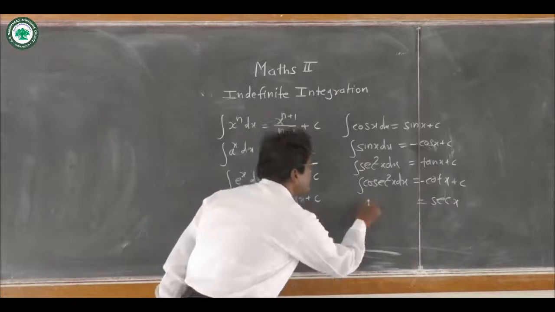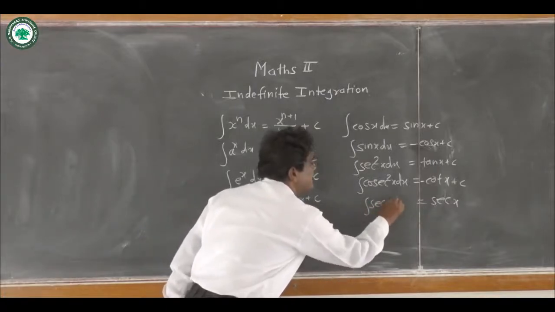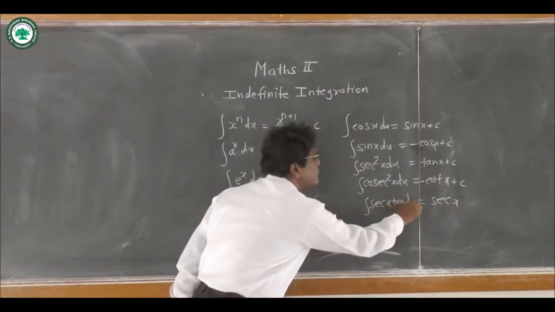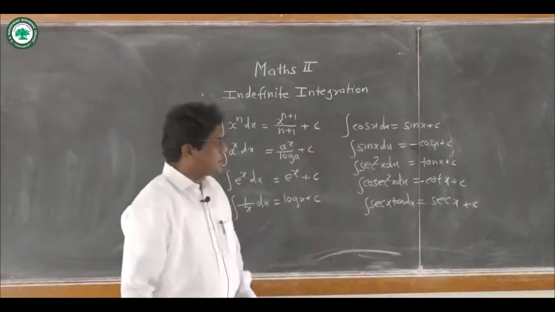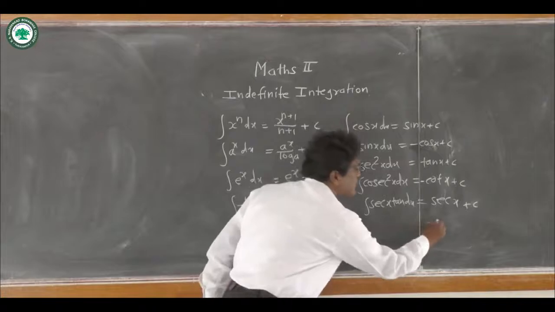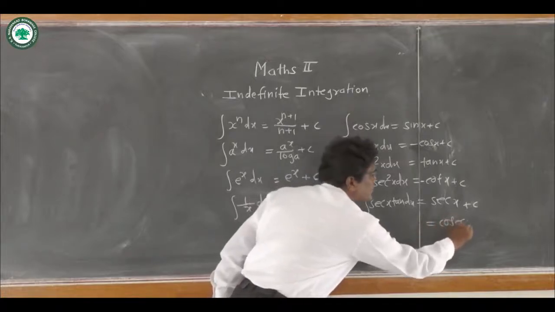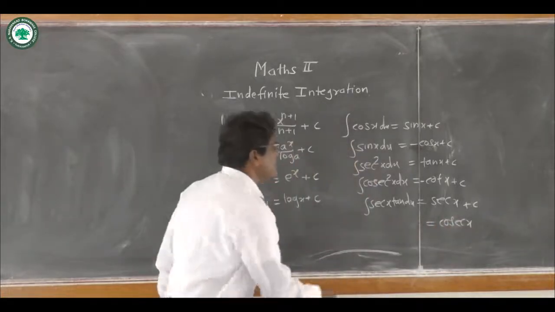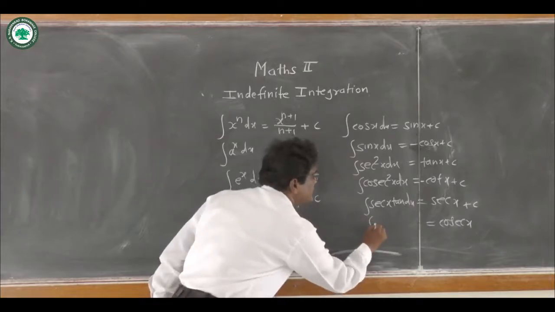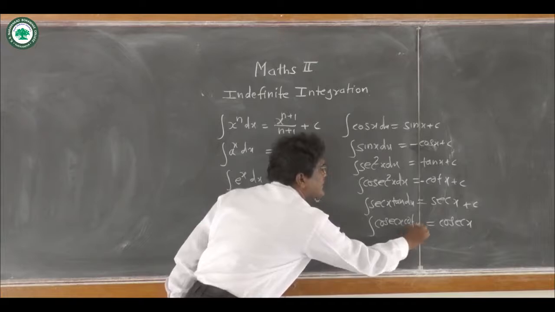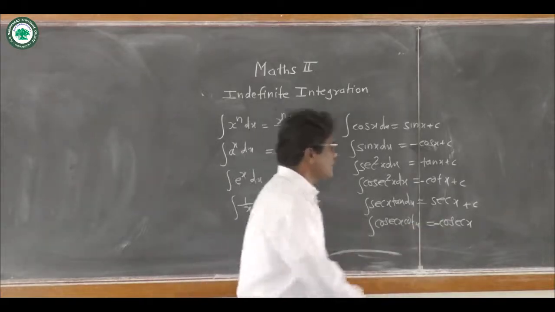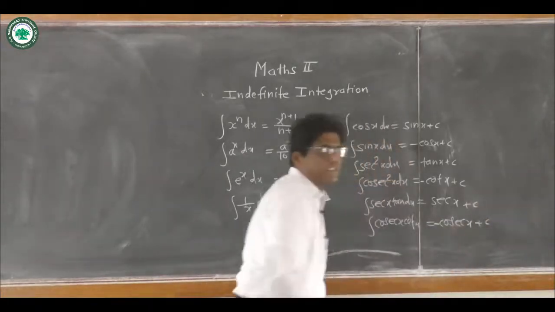So integration of sec x tan x dx is equal to sec x plus constant of integration. Now here the last one. What is the derivative of cosec x? Minus cosec x cot x. So integration of cosec x cot x dx is equal to minus cosec x plus constant of integration.